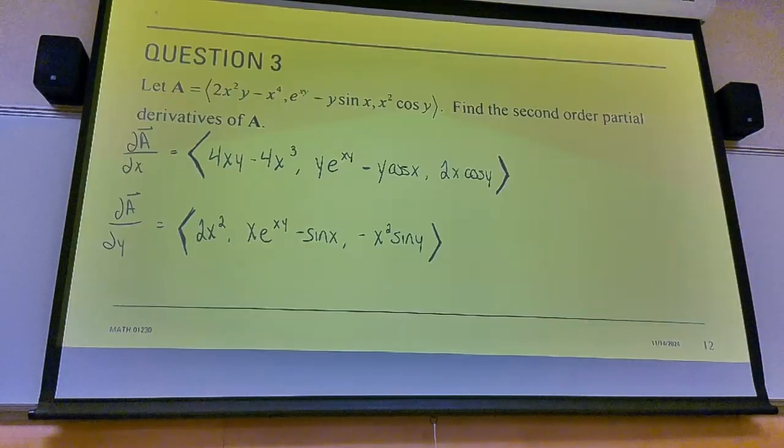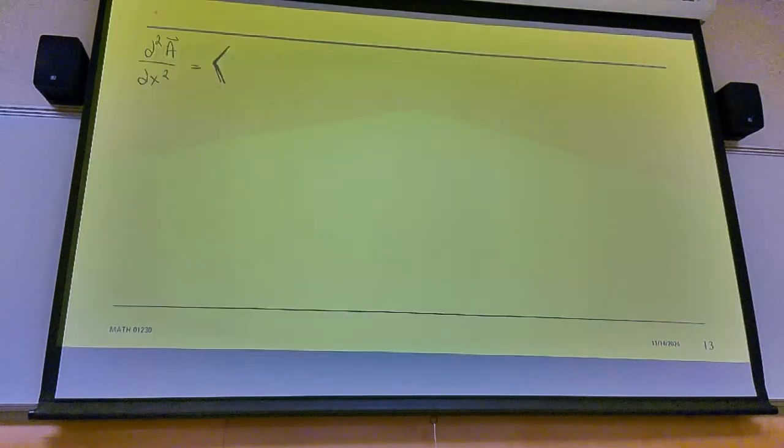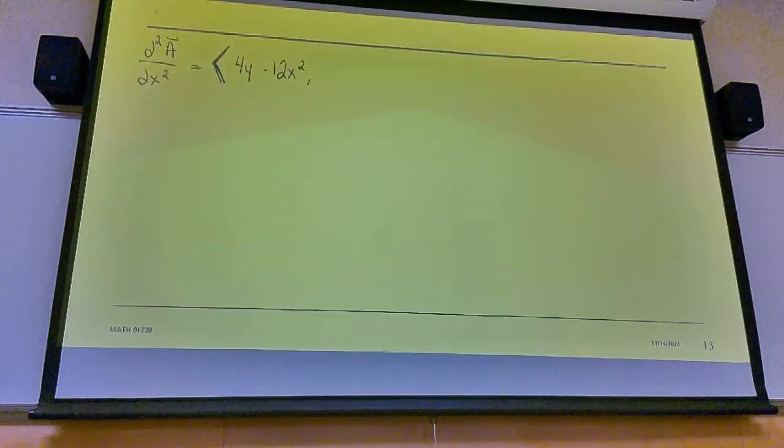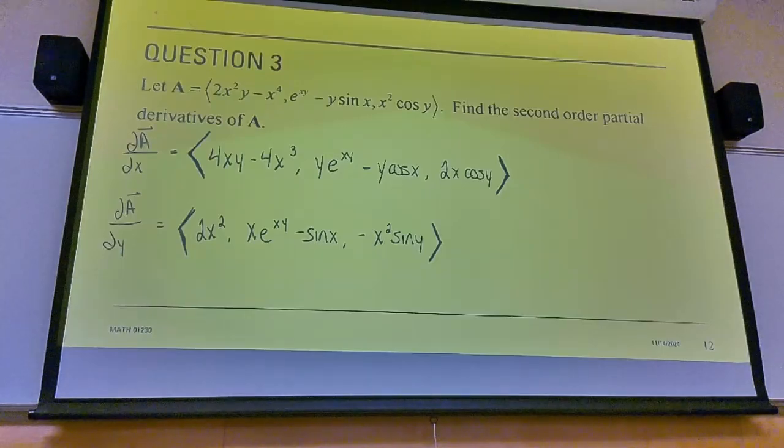What was it? Oh, 4y minus 12x squared. Second component. y squared e to the xy plus y sine x. What about the third component? Two cosine y.